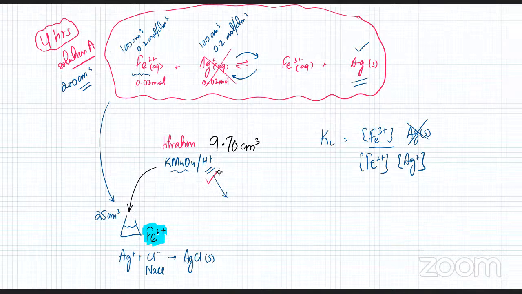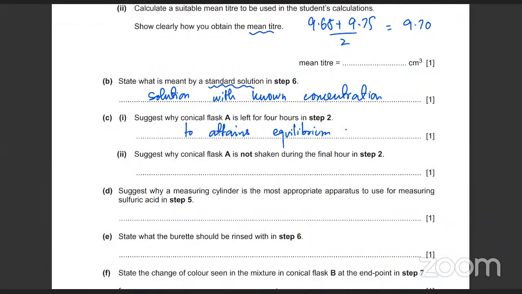Is a measuring cylinder accurate or not? It's not. Okay, so your measuring cylinder is not accurate, but is it quick? Yes. So the reason you're using a measuring cylinder is that although it's inaccurate, it's quick.